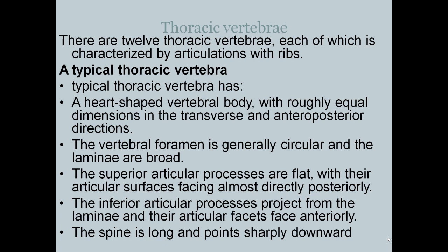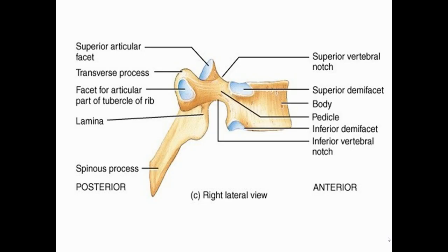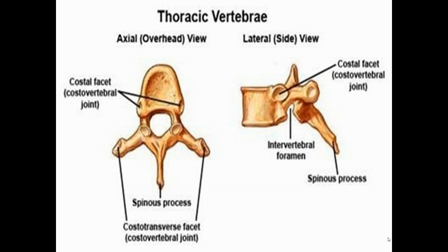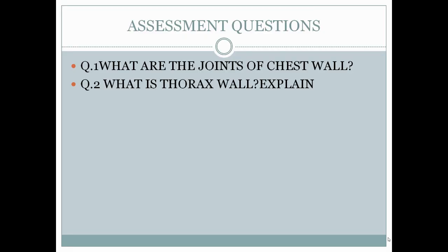The superior articular processes are flat with their articular surfaces facing almost directly posterior, and the inferior articular processes project from the lamina and their articular faces face anteriorly. The spine is long and points sharply downward. We can see here in this picture the thoracic vertebra.